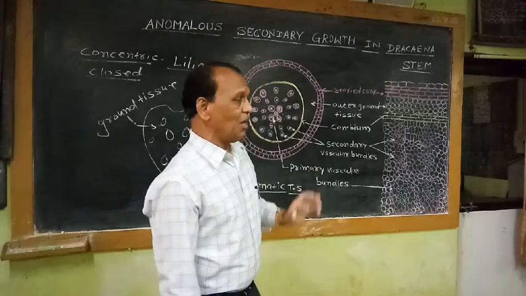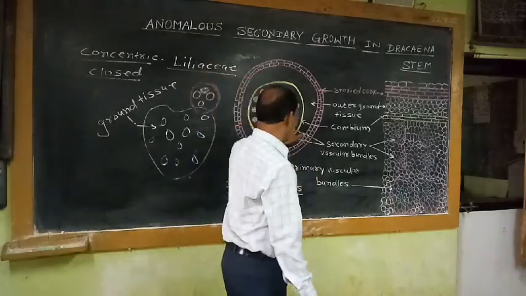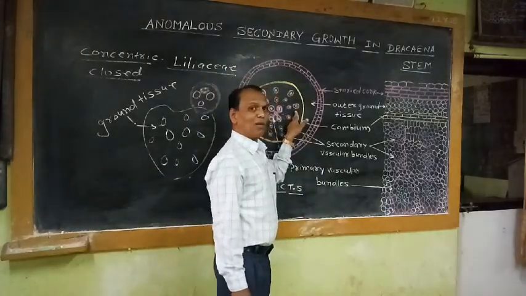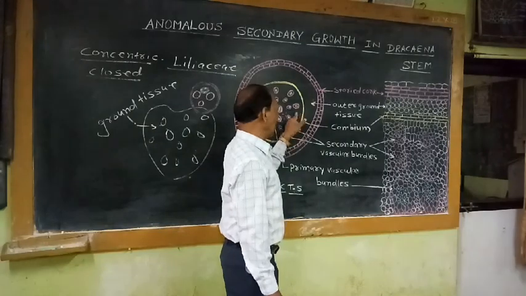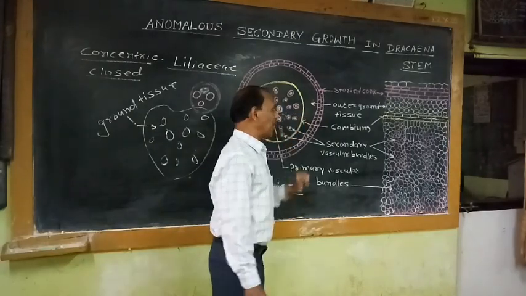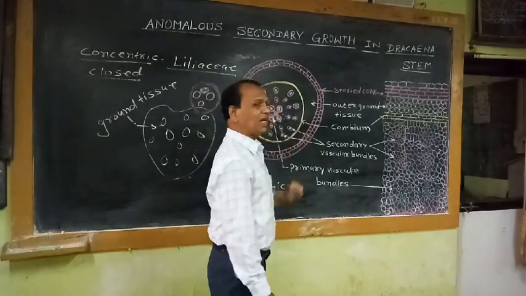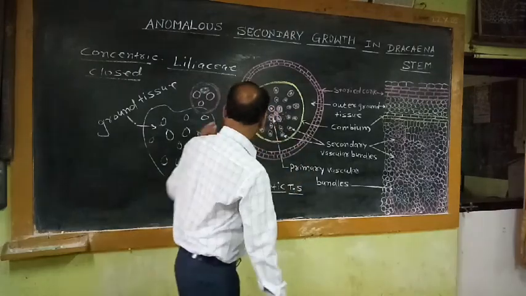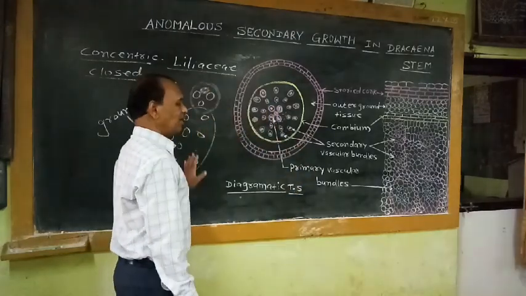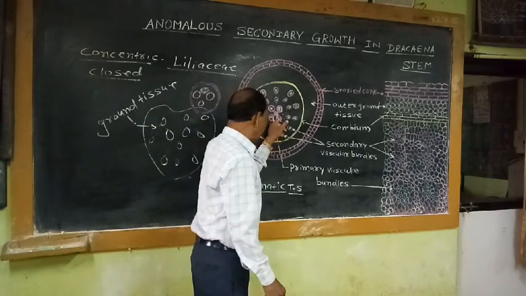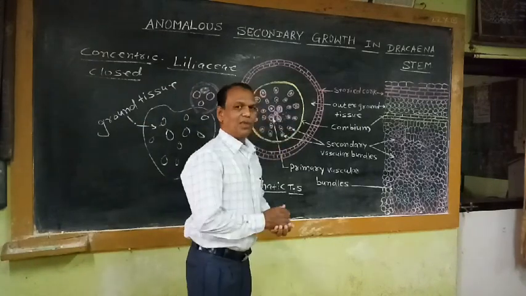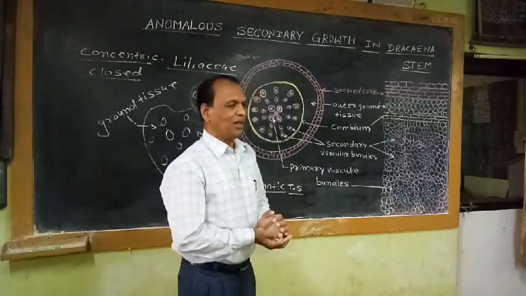Secondary vascular bundles. When these secondary vascular bundles and secondary tissues in the form of secondary parenchyma are added by this cambium at the inner side, what happens? These primary vascular bundles, which are scattered in the ground tissue, are pushed towards the center. They are pushed towards the center.